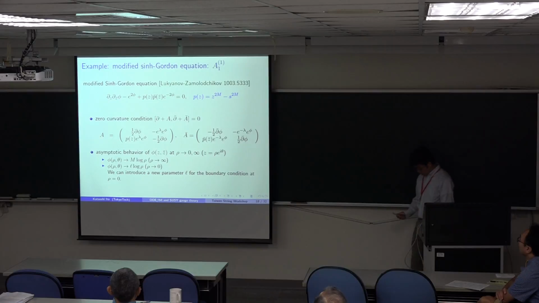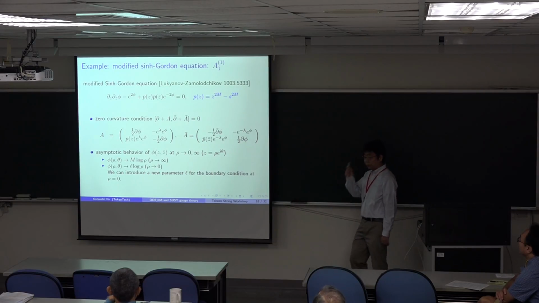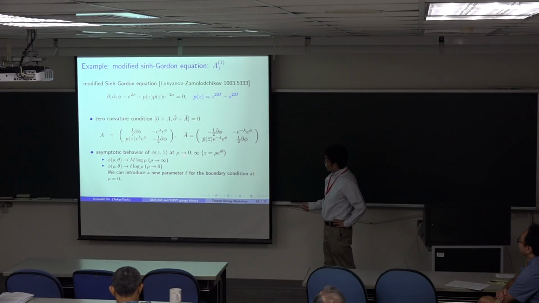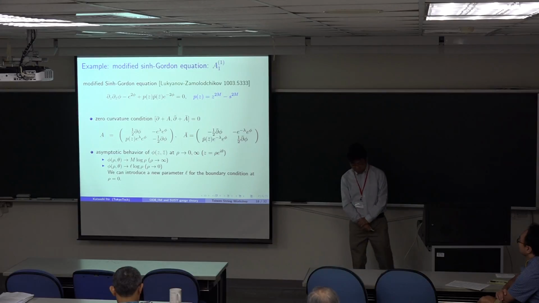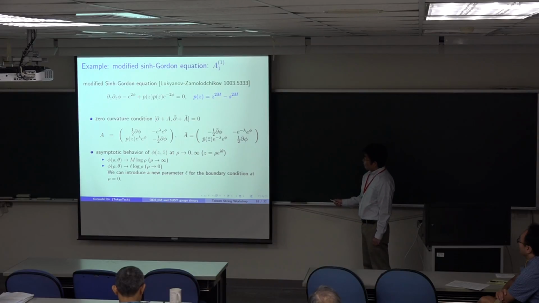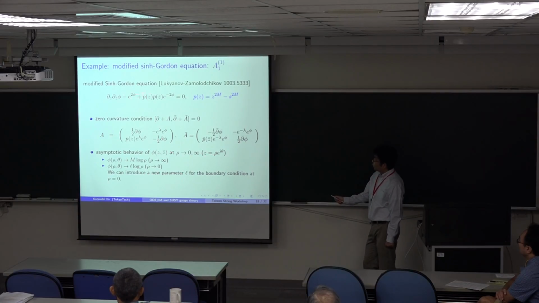So we can think about the solution of the modified sinh-Gordon equation in the region where the magnitude of z is large. For the case of z going to infinity, the z to the M term is the major contribution. So we can compute this z to the M in phi for large rho.